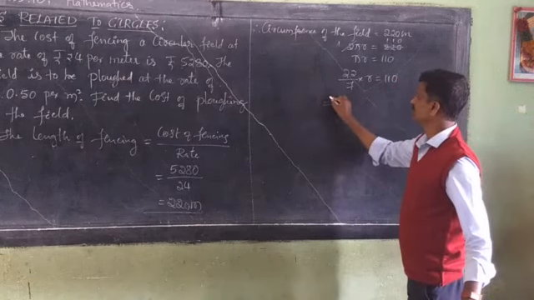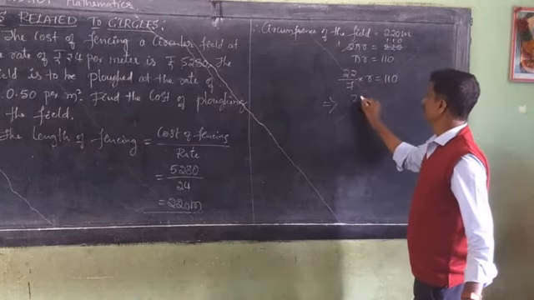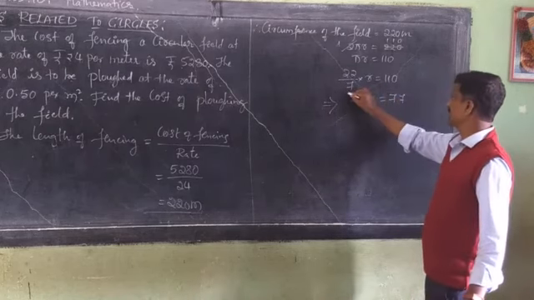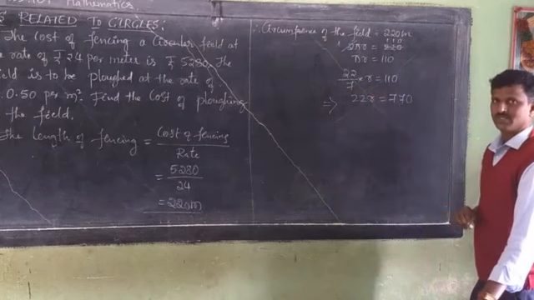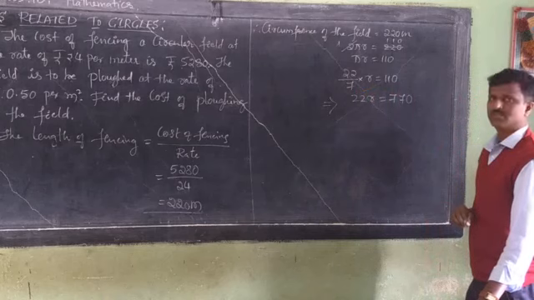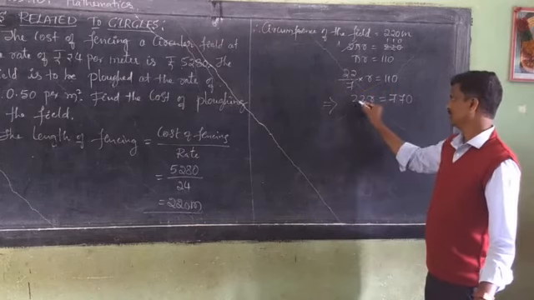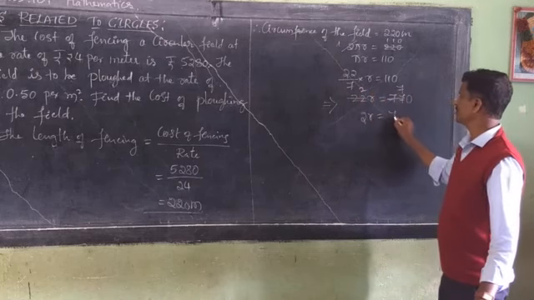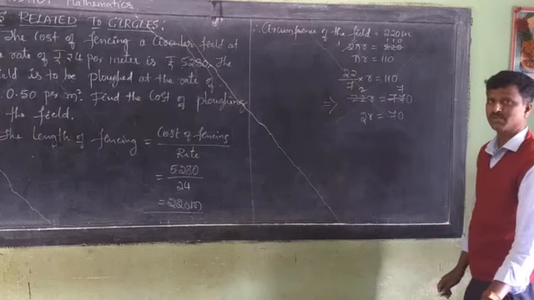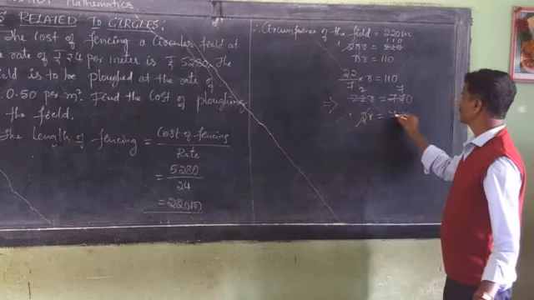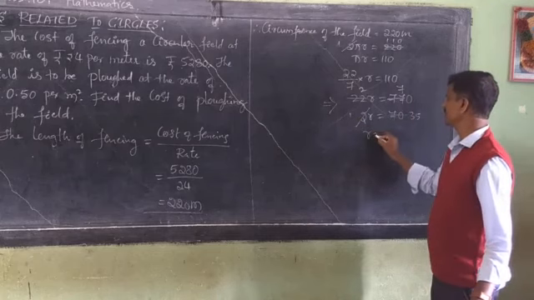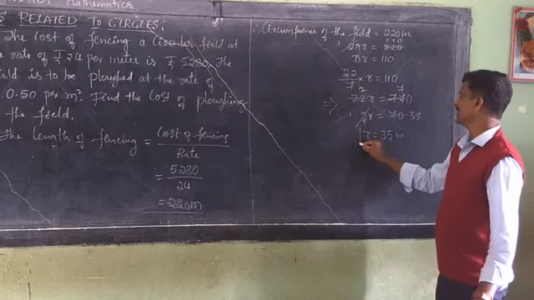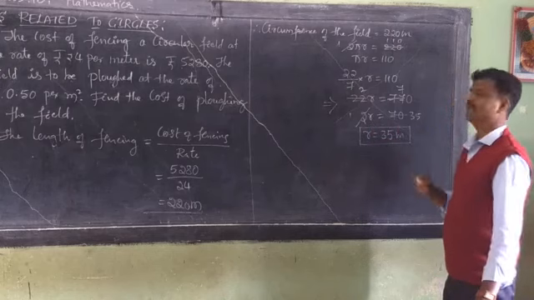Cross multiplying, 22r is equal to 7 into 110, which is 770. Dividing, we get r is equal to 35 meters.